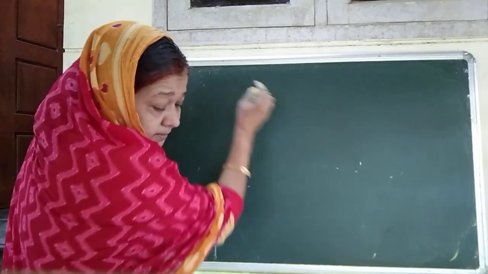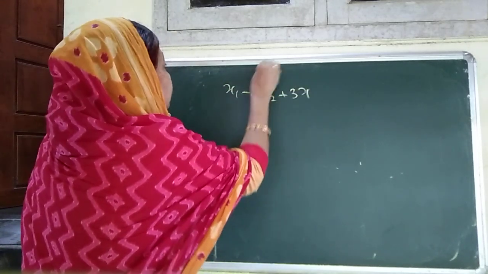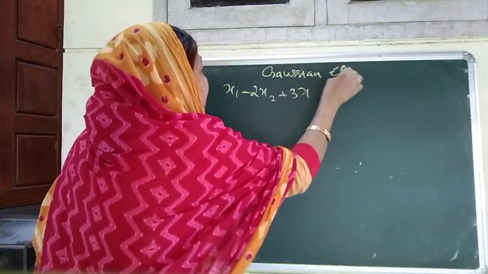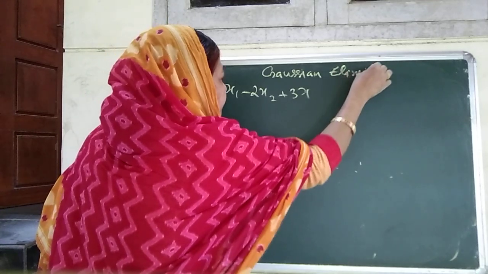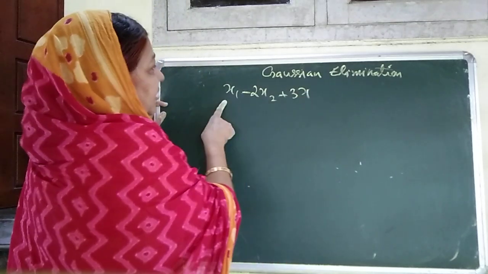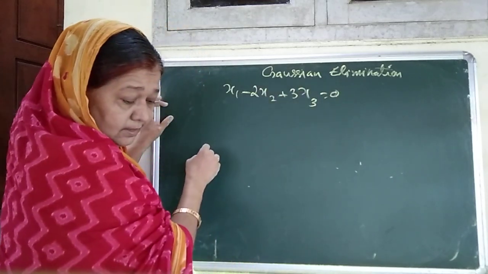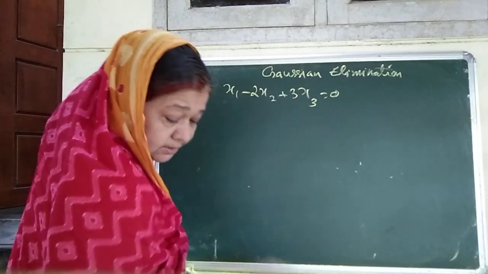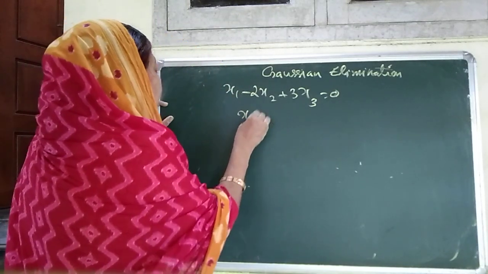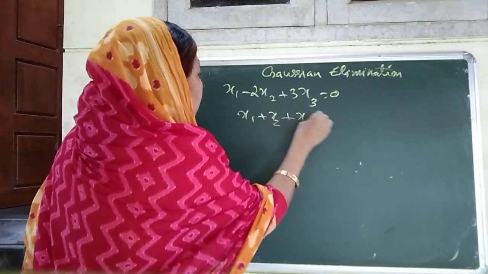Say x1 minus 2x2 plus 3x3 equal to 0. Then the second equation is x1 plus x2 plus x4 equal to 0.